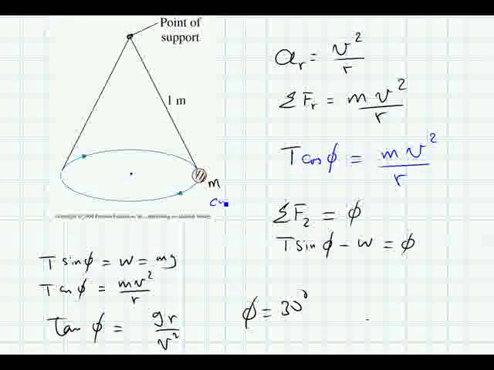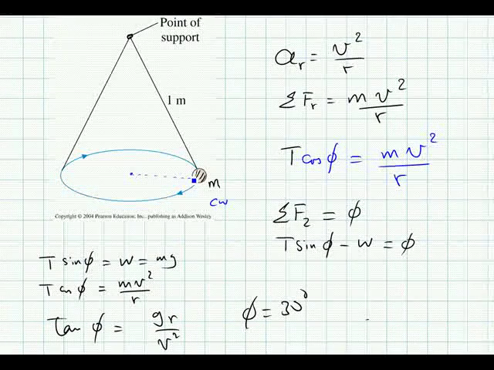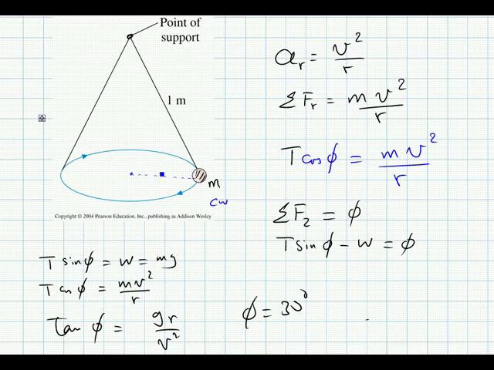Just as a side note, our angular displacement is negative in this case, and our angular velocity is negative, but we don't need to know that to solve this problem. I just wanted to mention that as a piece of information.